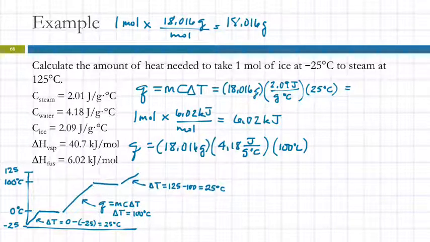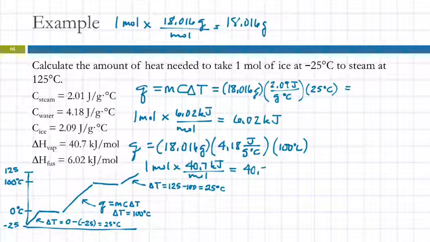When we boil the water, we've got 1 mole times the heat of vaporization, 40.7 kilojoules per mole. So that's going to be 40.7 kilojoules of energy.